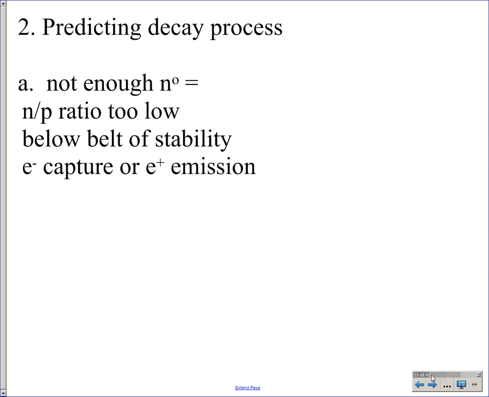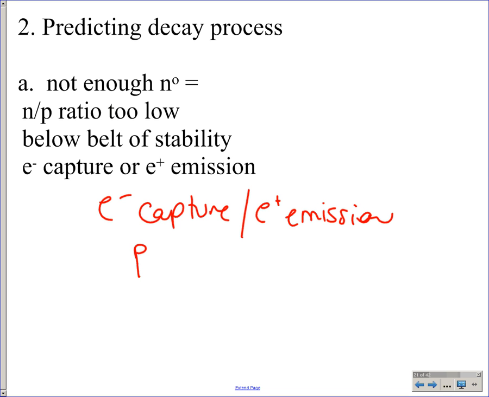And the way this is done is by electron capture or positron emission. In both of these scenarios, a proton is changed into a neutron. So you're going to increase your neutron number while decreasing your proton number, which will allow you to get to the appropriate ratio.